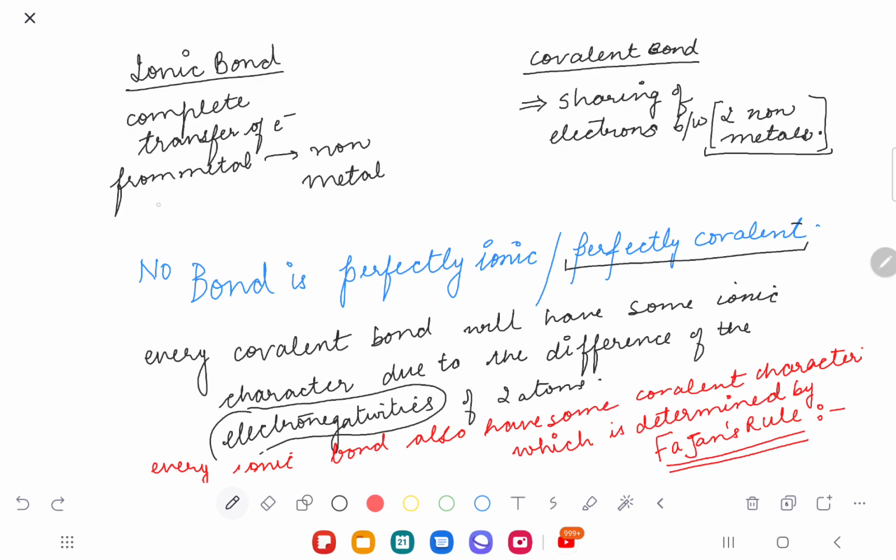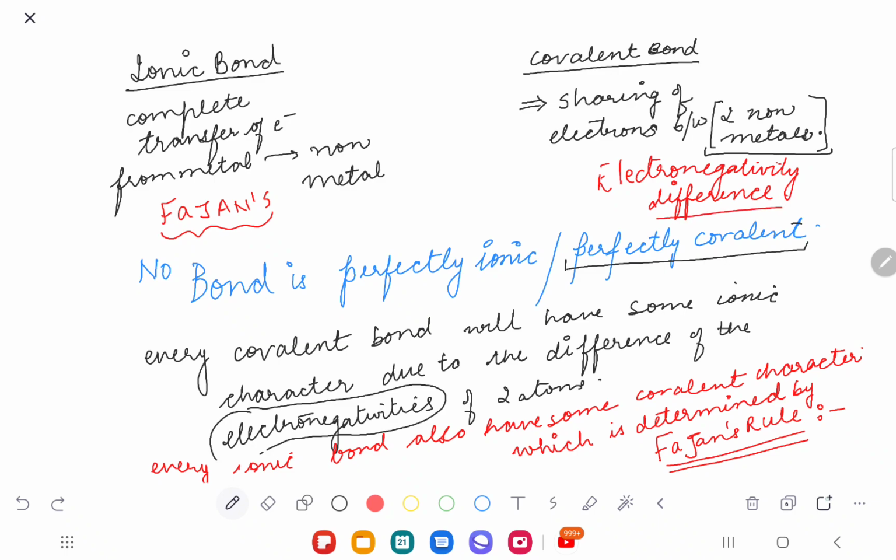Always understand, we study Fajan's rule only for the ionic compounds, Mark. And for covalent bonds, we do not study a rule, we just study the electronegativity difference. Are you understanding, Mark? Now, under Fajan's rule, we have to study two concepts.